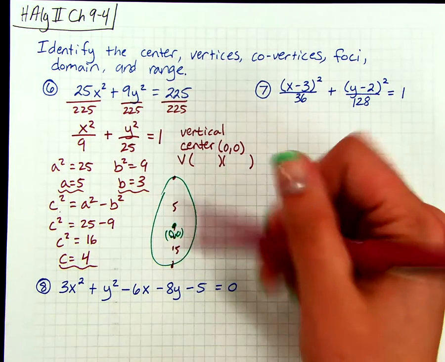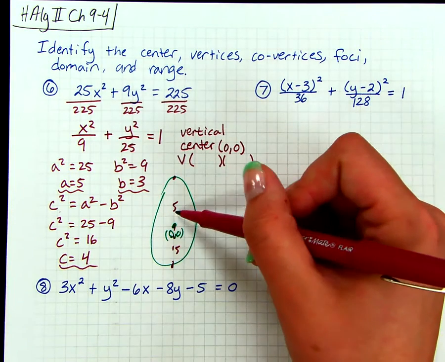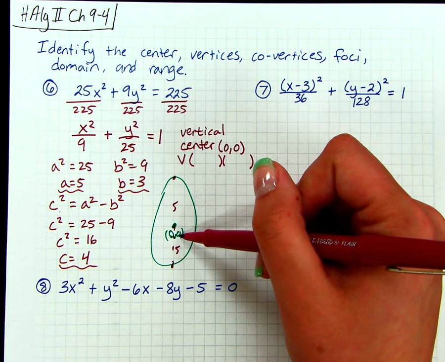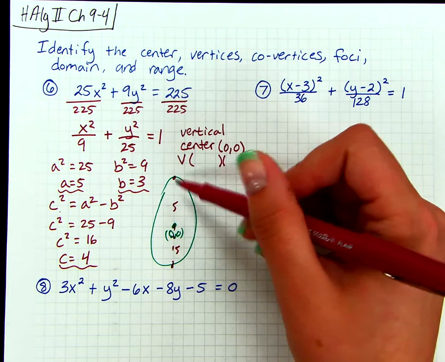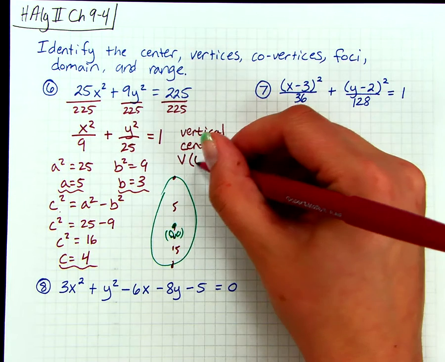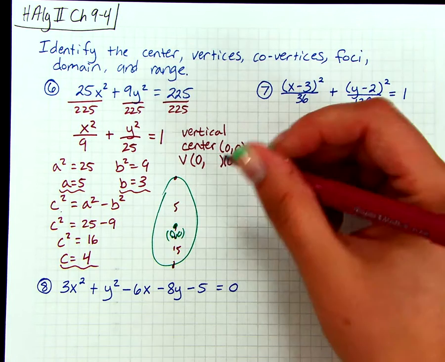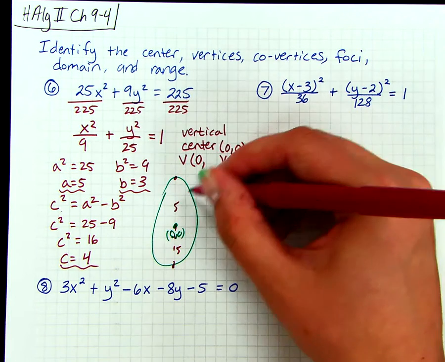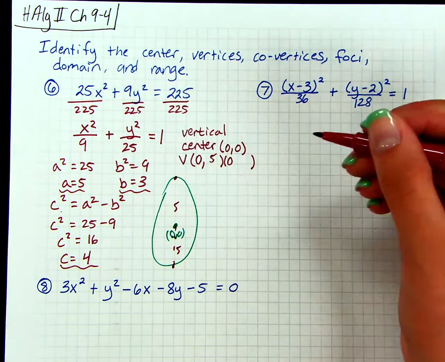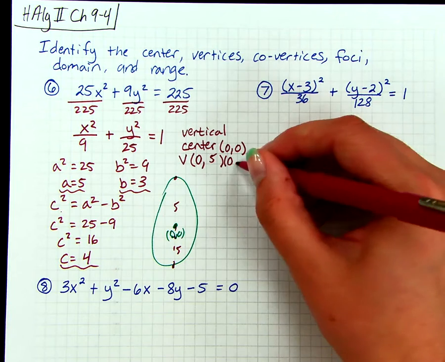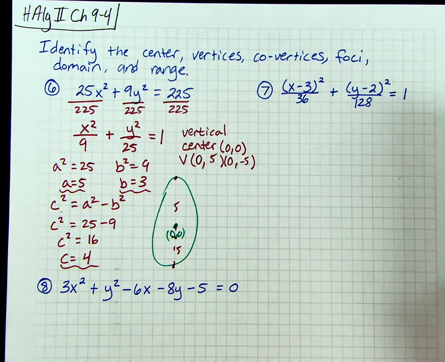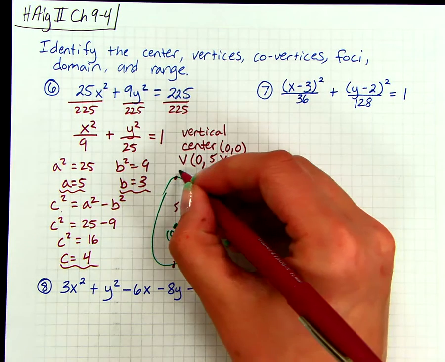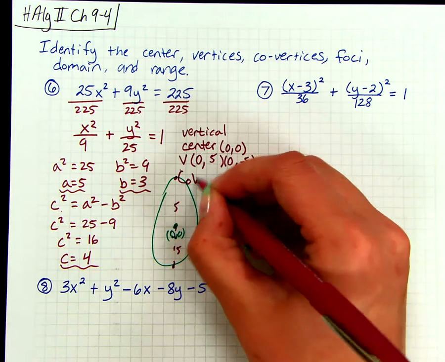So since we're moving up and down, we can just add and subtract 5 to the y value of our center. And then our x is going to stay the same. So this will be 0, 0. And then if we add 5, 0 plus 5 is 5. And if we subtract 5, that'll give us negative 5. And then our co-vertices, so I'm going to put co-V.